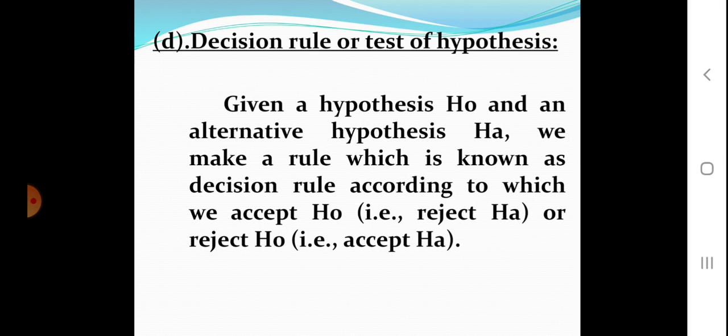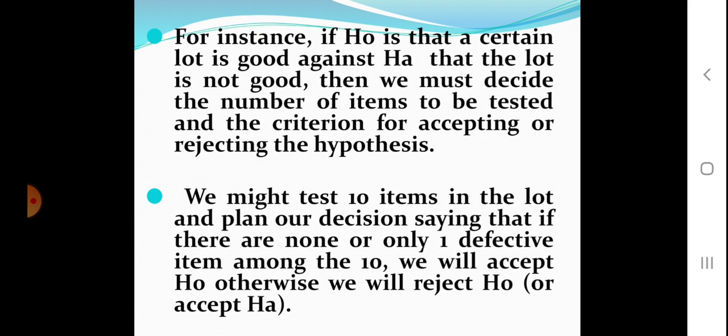For example, if H0, the null hypothesis, is that a certain lot is good, there are very few defective items in it. Once again I will repeat. If H0 is that a certain lot is good against HA, that the lot is not good, then we must decide the number of items to be tested and the criterion for accepting or rejecting the hypothesis.